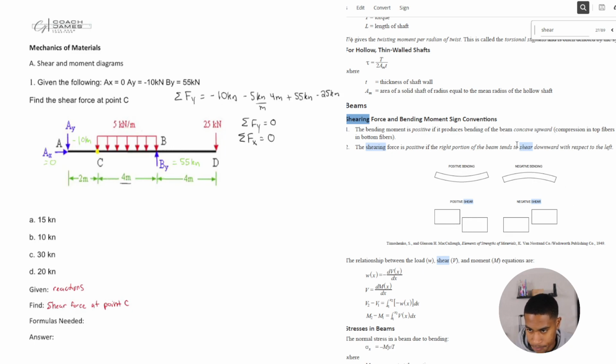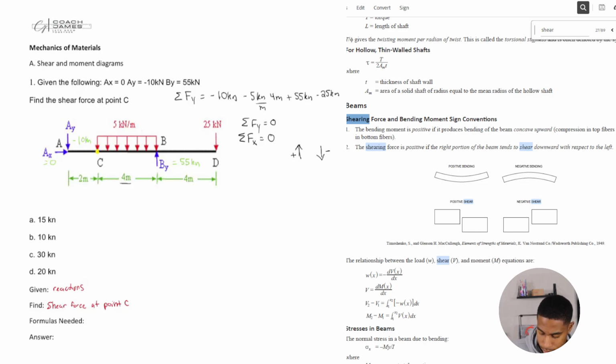Basically, shearing force is positive if the right portion of the beam tends to shear downward with respect to left and right. So a positive shear is going up. Negative shear is going down.